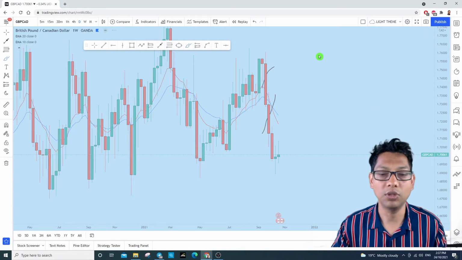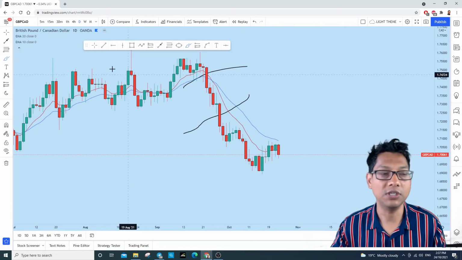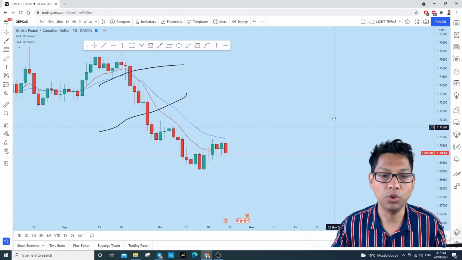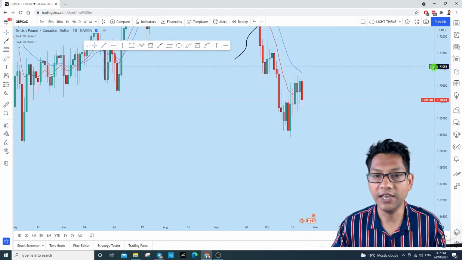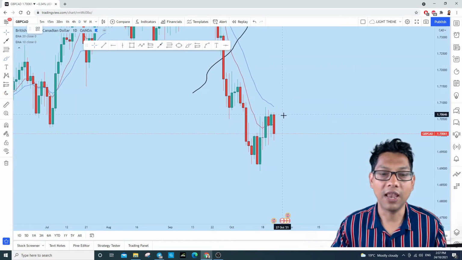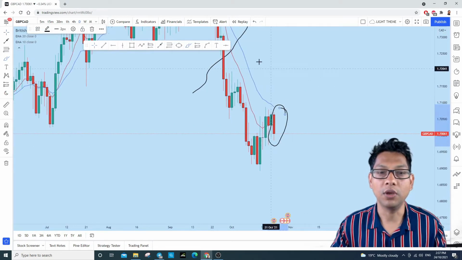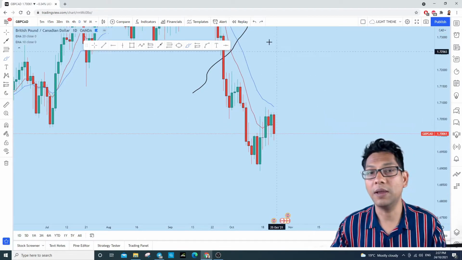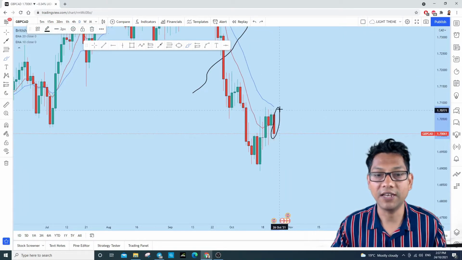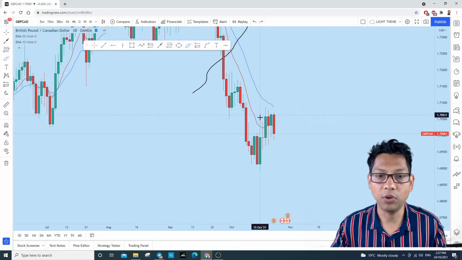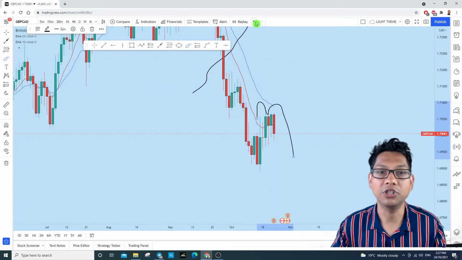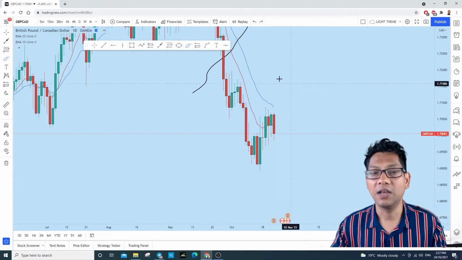Now let's go down to the daily time frame to see what kind of opportunity we have. On the daily, as you can see, on the last day of the trading week, we see a strong bearish engulfer. This red candle is a bearish engulfer with a double top formation. So this is a typical reversal pattern.